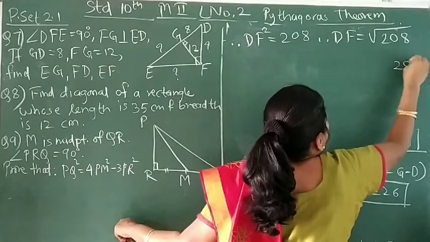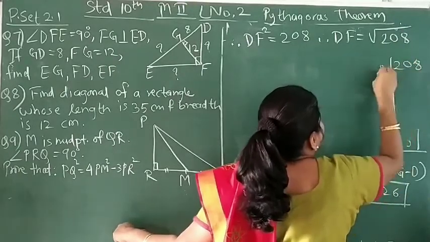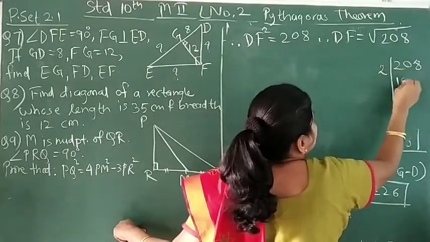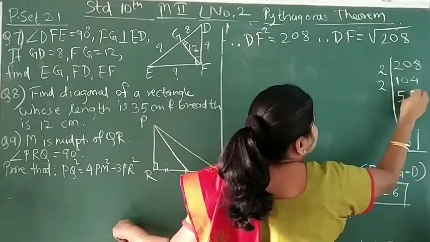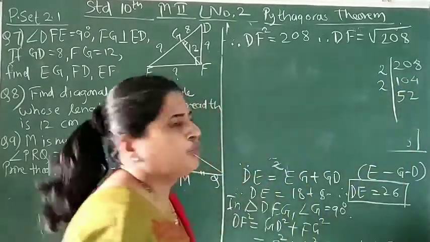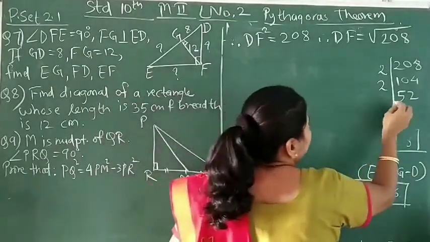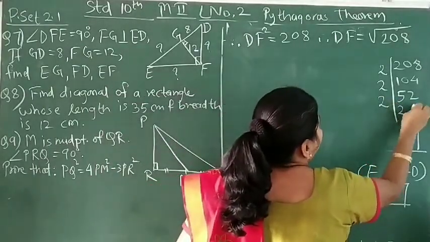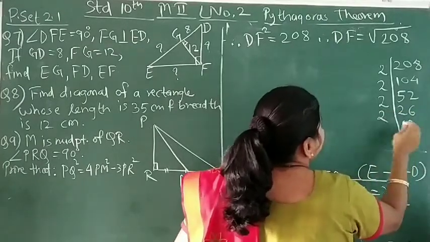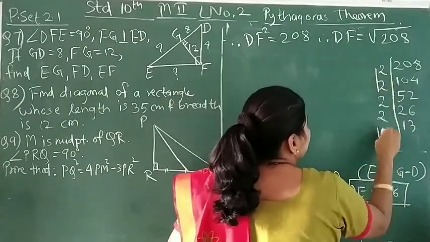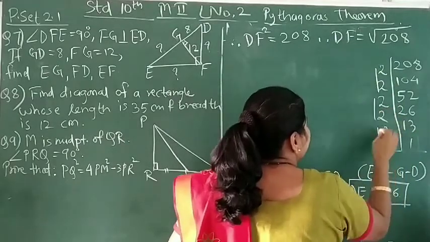Let's see what are the factors of 208. Suppose we divide it by 2, then 2 1s are 2, 0s are 0, 2 4s are 8. If you divide by 2 again, 2 5s are 10, 2 2s are 4. If you divide this by 2 again, you will get 26. Dividing by 2 again, you will get 13. Now 13 is a prime number, so here we write 13, 1, 13. So this is the pair of this.